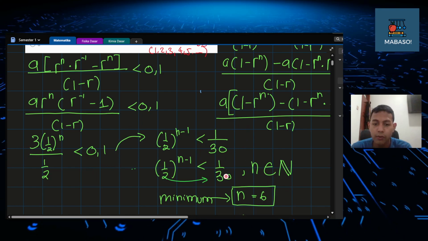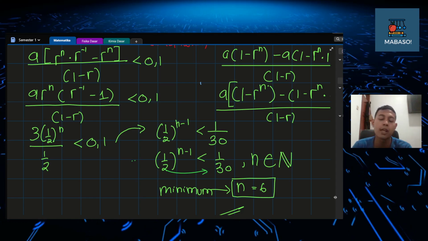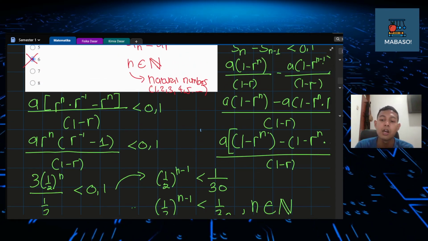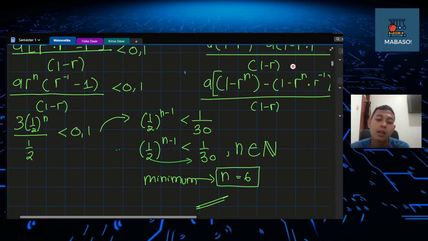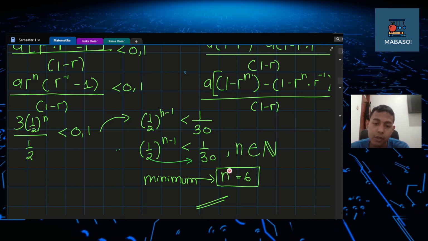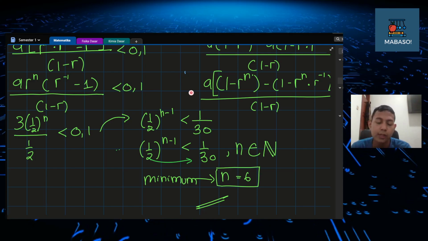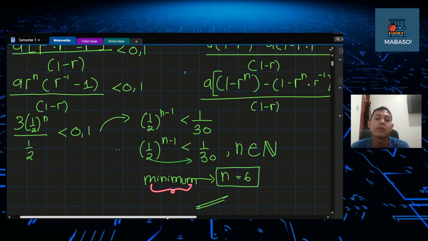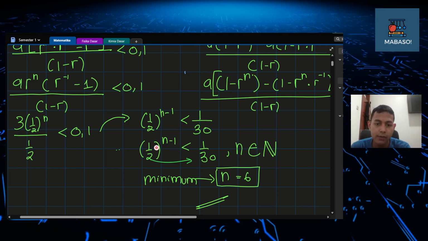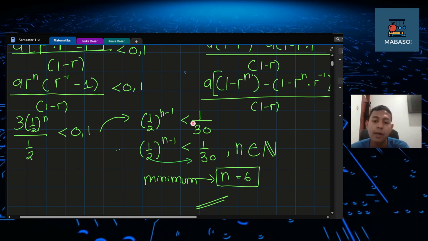Now, from this, using our logic, we have to find the minimum value of n. Okay, what is the minimum value? If you think it through, why does the question ask for the minimum? Why not the maximum? Okay, we will find out about it later.